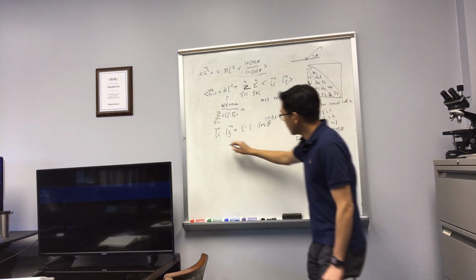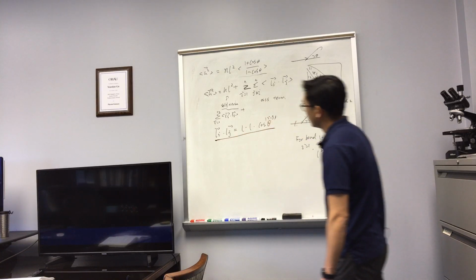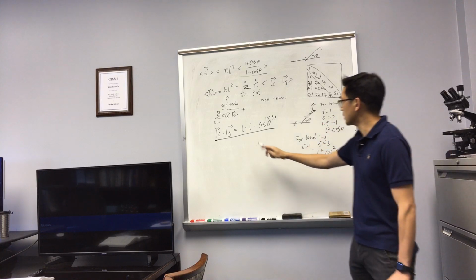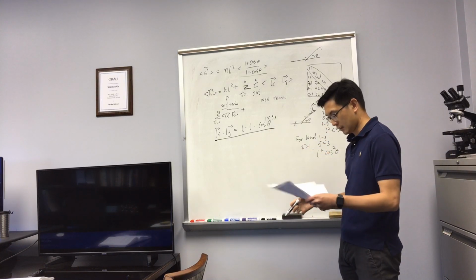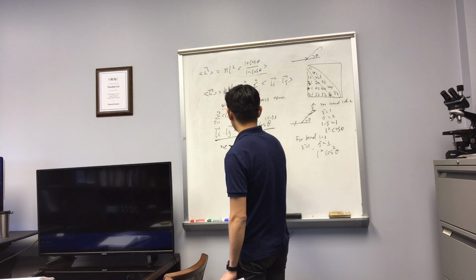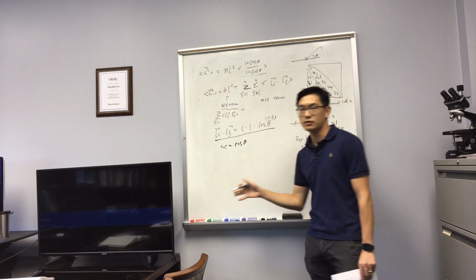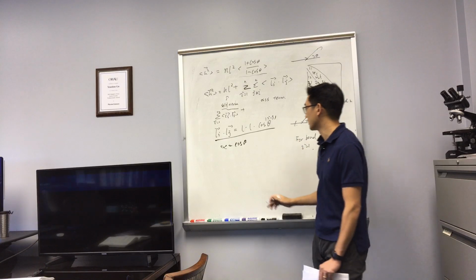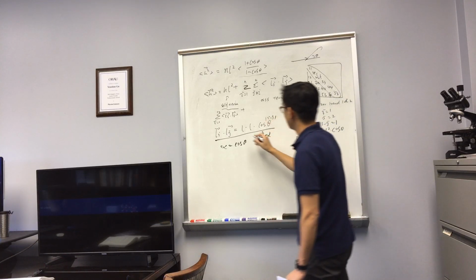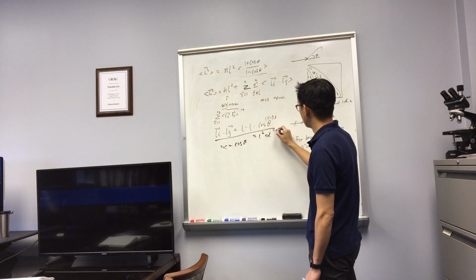So this can be generalized as Li dot Lj for any bonds along the polymer backbone will be equal to cosine theta to the power of n. If we just define alpha equal to cosine theta, just so I don't need to write cosine theta again and again, then this will be equal to L square alpha to the power of i minus j.